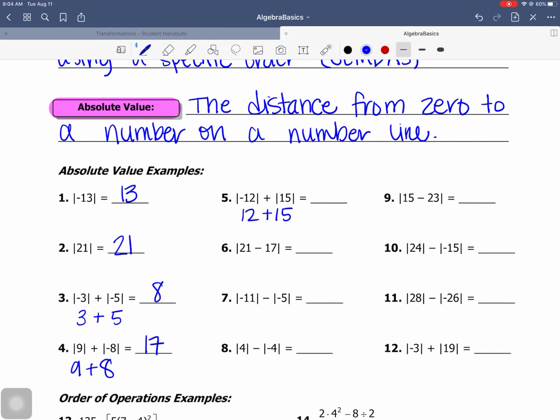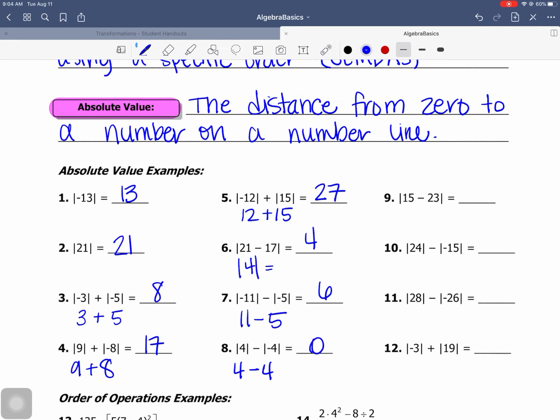12 plus 15, 27. Now, when both numbers are inside the absolute value bars, you're going to go ahead and say, okay, 21 minus 17 is 4, and then the absolute value of positive 4 is 4. All right.